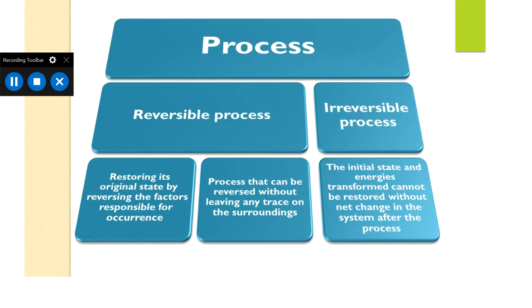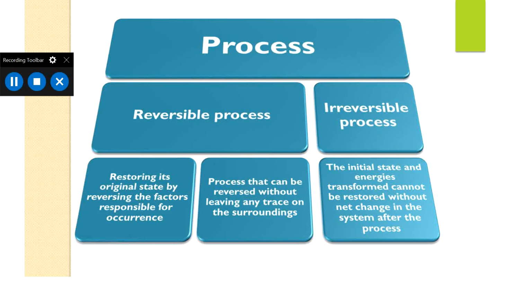The process can be classified into two: reversible process and irreversible process. If both the system and the surroundings come back to their original state, then the process is said to be reversible. In a reversible process, the original state is restored by reversing the factors responsible for the occurrence.